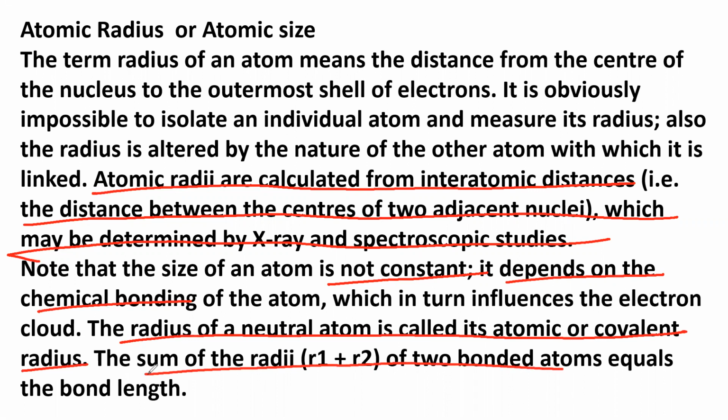So what is bond length? The sum of the radii of the first atom and the second atom. Suppose two atoms are bonded by a single, double or triple covalent bond; how do we calculate it? The sum of the radii of the two bonded atoms equals the bond length. I hope this is clear.